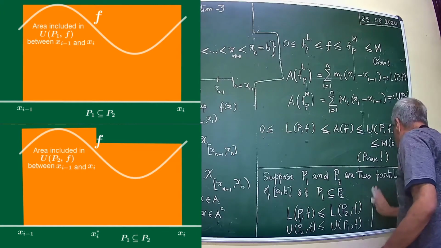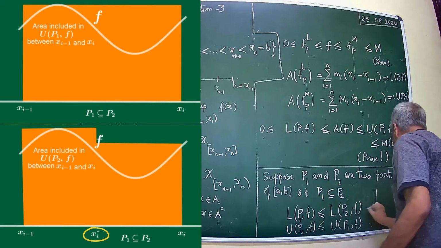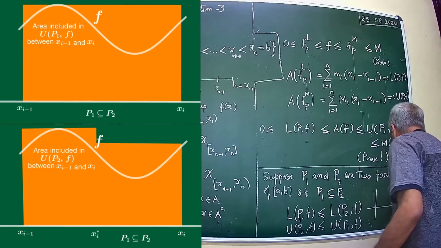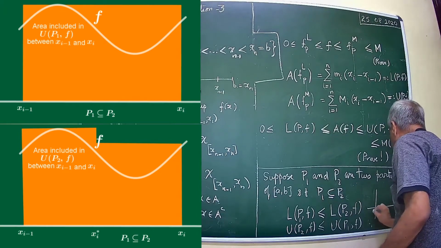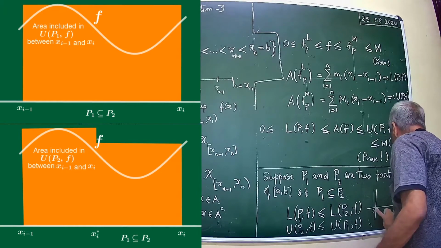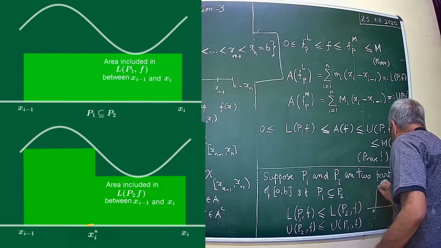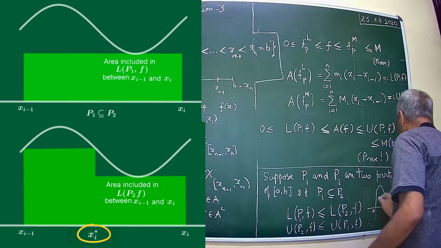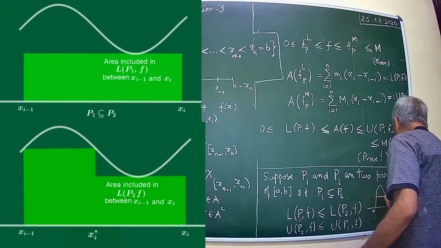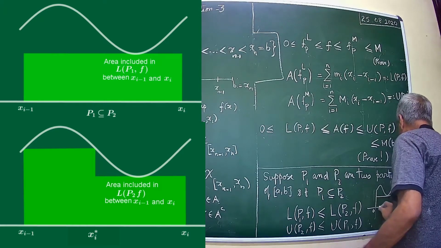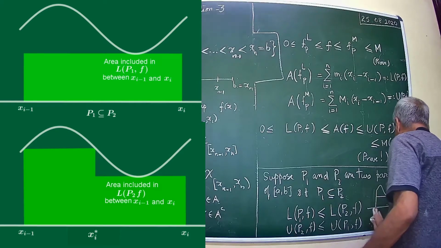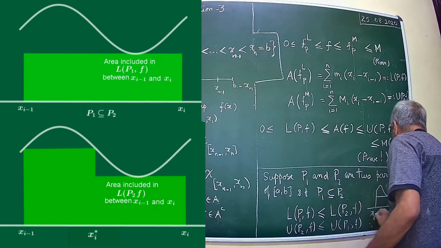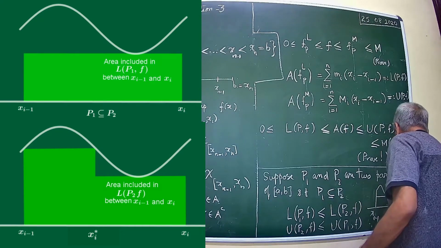What is happening is that take the interval [a,b] on which you have a curve like this. Then you see the first approximation is this is your L(P). So this I call x_{i-1}, x_i.